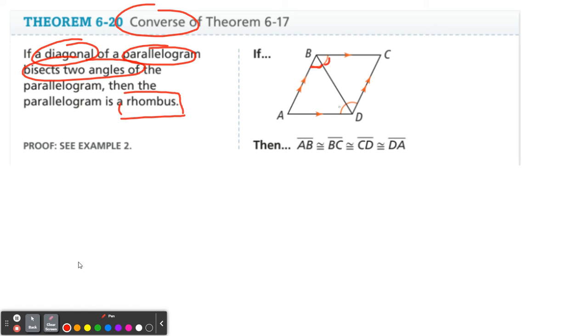These two angles are congruent, and these two angles are congruent. Then you know that all four sides are congruent. Now you might not know right off the bat that all four of these angles are congruent. The picture might only show this and this. So these two are congruent and these two are congruent, but you in fact know that all four are going to be congruent because it is a parallelogram. So be aware of that.